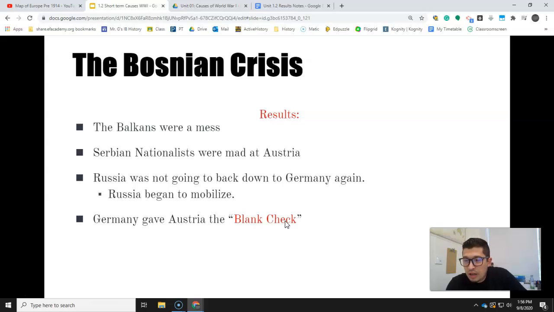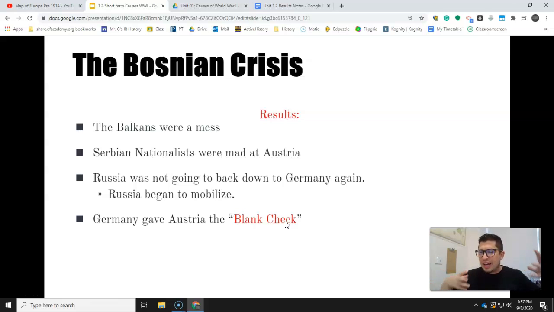The Germans were doing this in reaction to the alliance that Britain and France solidified a couple years earlier. So they said, all right, Britain and France got closer. I need to solidify my alliances as well. So I'm going to go in and back up Austria, hoping that Austria says back to me, we've got your back too.